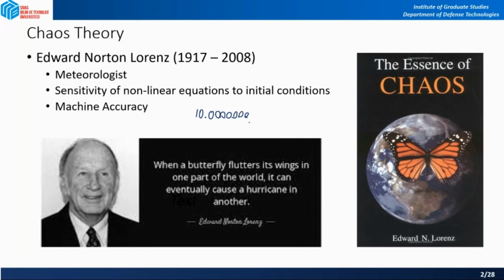There will be some digits because of the machine accuracy. So there might be some number 2 in here, for example. Those little digits, this is a very small number, but eventually they are able to generate different solutions after a long enough time. And this is one of the problems that we cannot predict the weather.